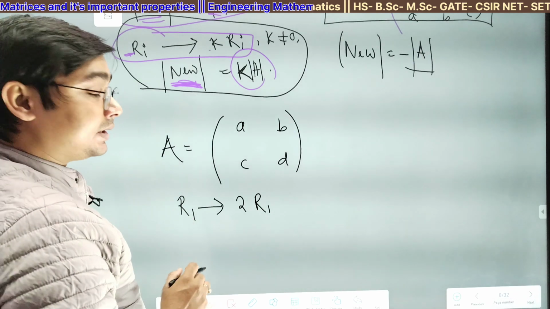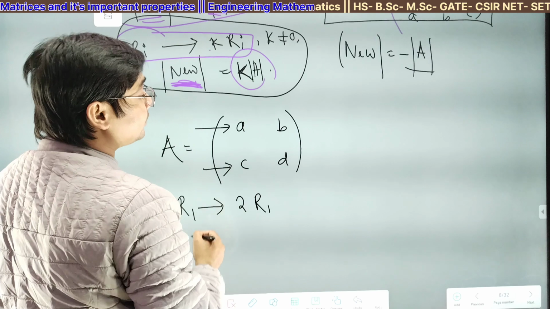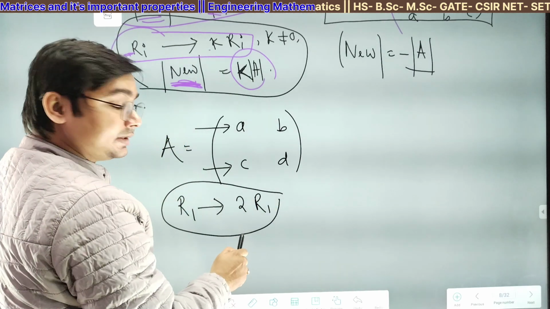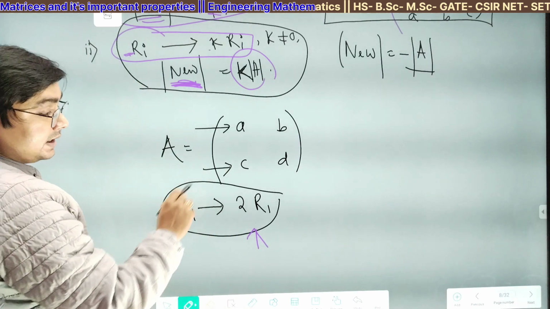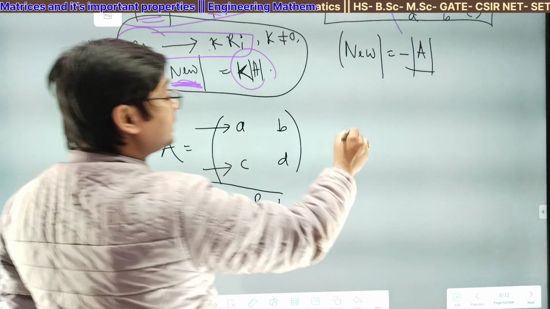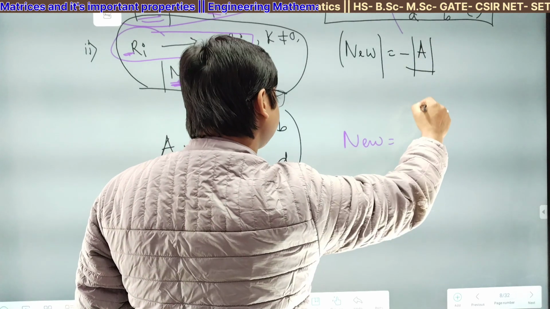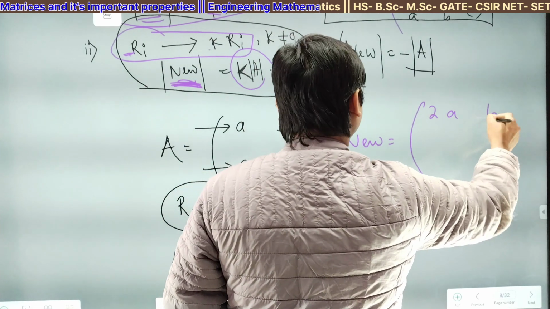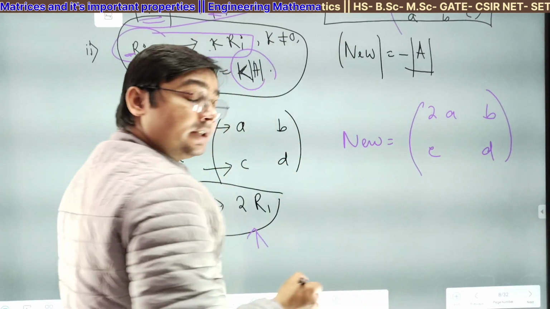Yes, this is our R1, this is our R2. So here I use this property. Then what happened here, you see, if I use this property, then our new matrix will be twice of A, B, C and D. So this will be the new matrix.